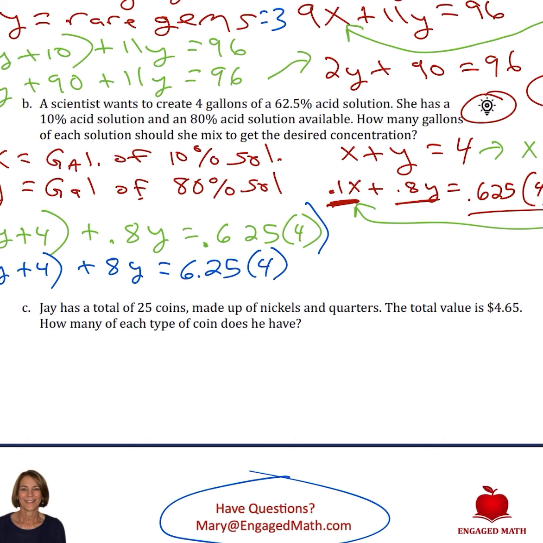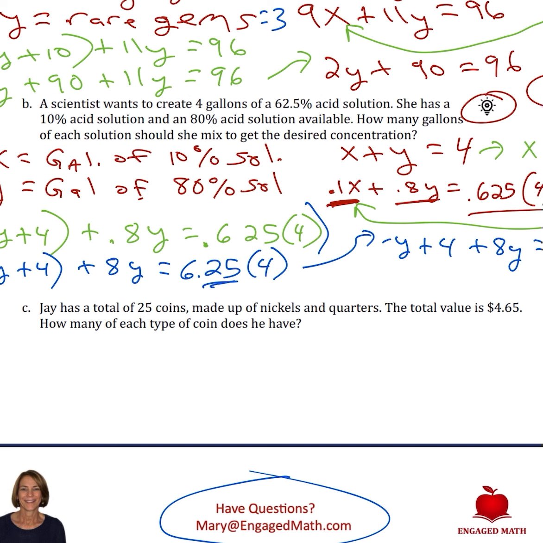So the reason we no longer need a calculator, and we could do this in our heads, is the first part, going from left to right, is negative y plus 4 plus 8y equals, and when you think of 6 times 4 is 24, and then this is the equivalent of 1/4 of 4, which is just 1.